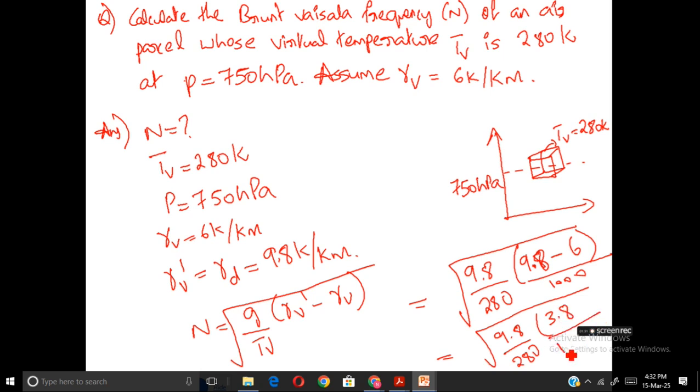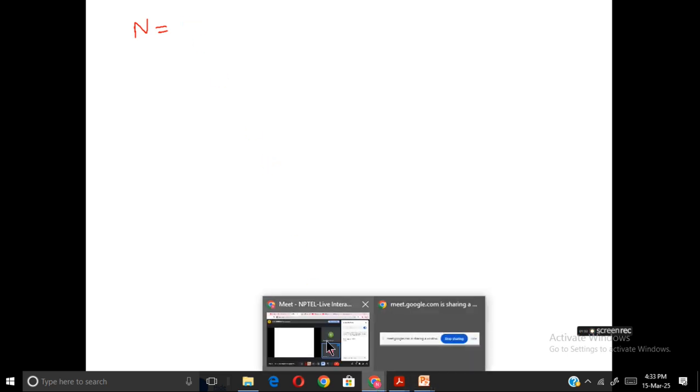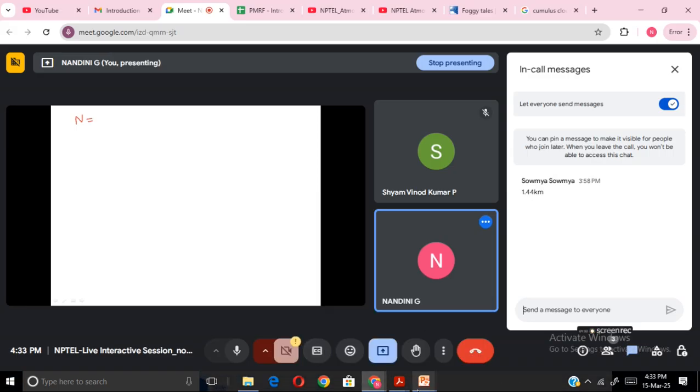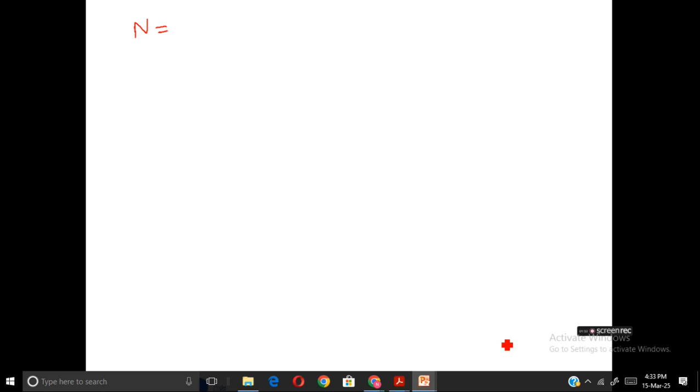So 3.8 by 1000. How much will it be? n will be having a value of 0.0115. Try to calculate it and see if it is correct.